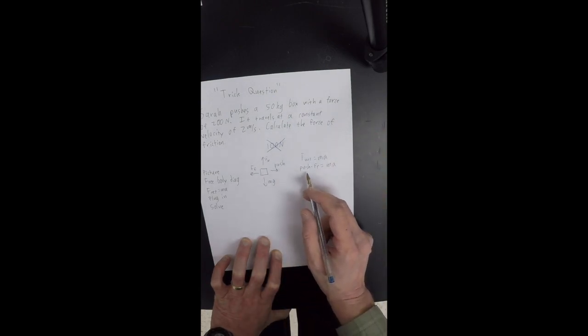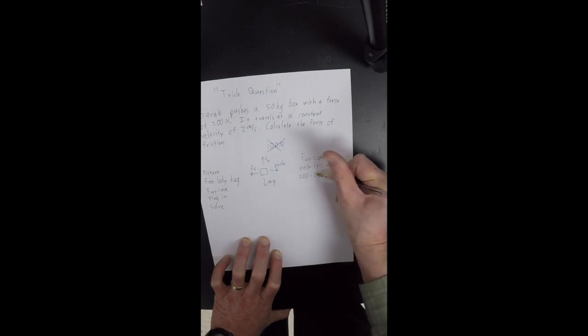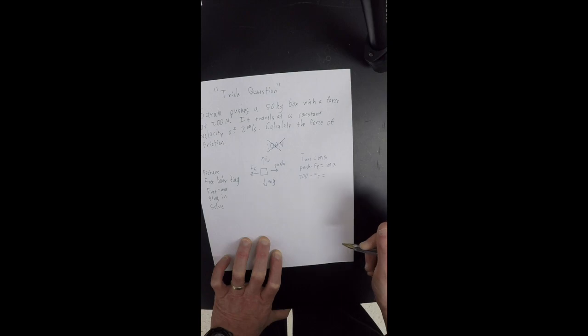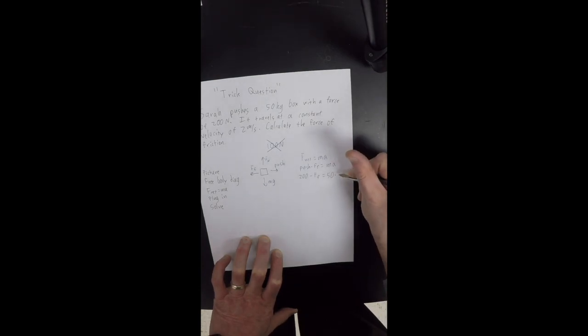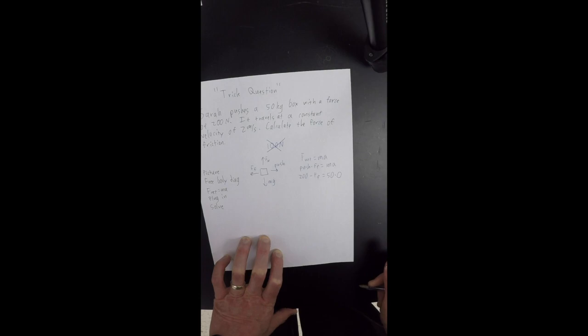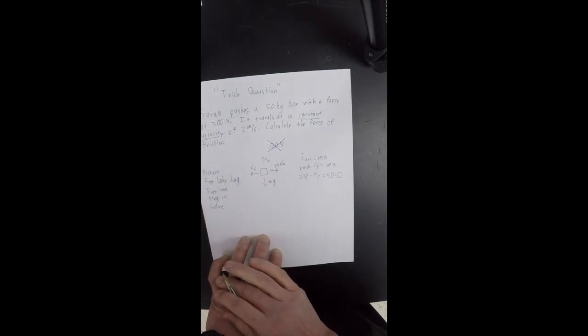Now, let's plug in some numbers. We know that our push is 200 newtons. Our force of friction is unknown. Our mass is 50 kilograms. And our acceleration is 0. Yes, 0. Because it's traveling at a constant velocity.